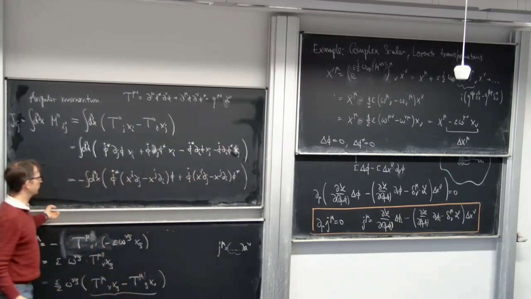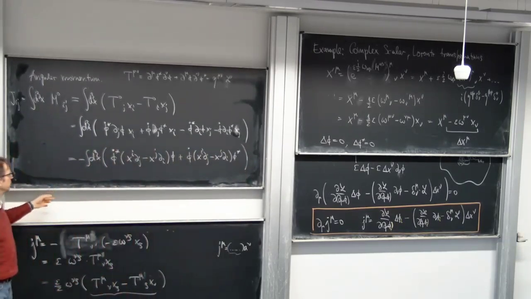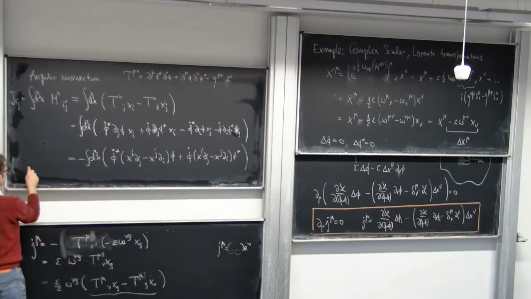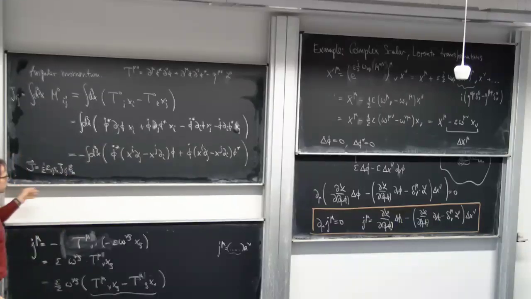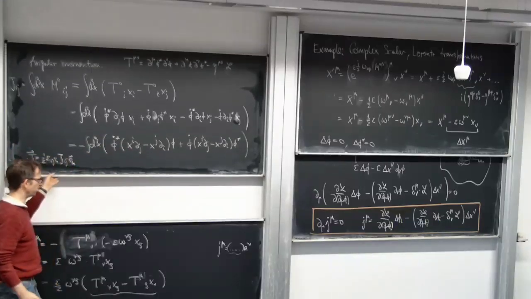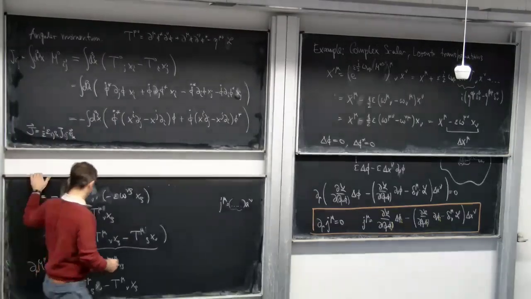I don't know if you care enough about angular momentum to keep pushing this. Let's say you do, then we make a vector out of this. Now we have a J vector that's 1/2 epsilon ijk times this J ij e_k. So making a vector, you will probably see your favorite angular momentum thing.